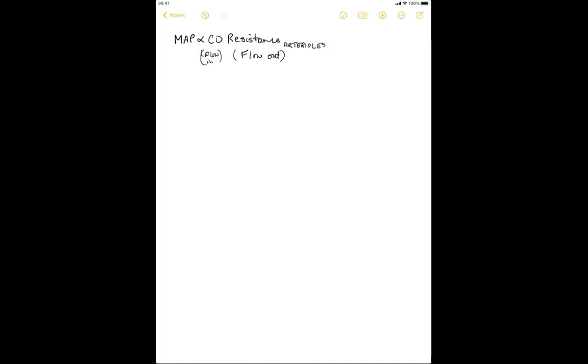There's a law that states that the flow through a circuit, or flow is sometimes just denoted Q, is equal to the change in the pressure across the end of the circuit compared to the beginning of the circuit, divided by the resistance across that circuit.